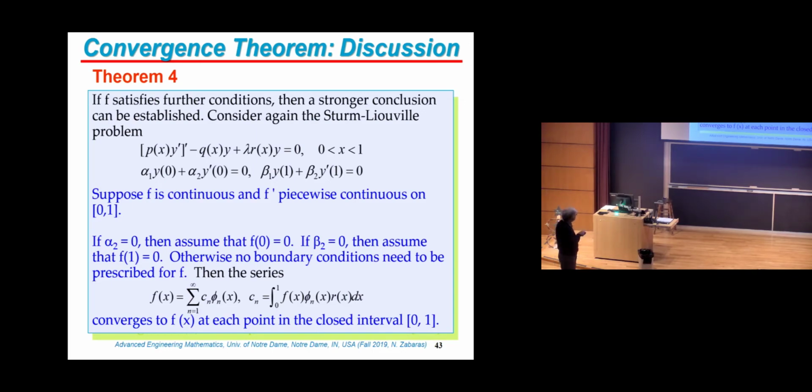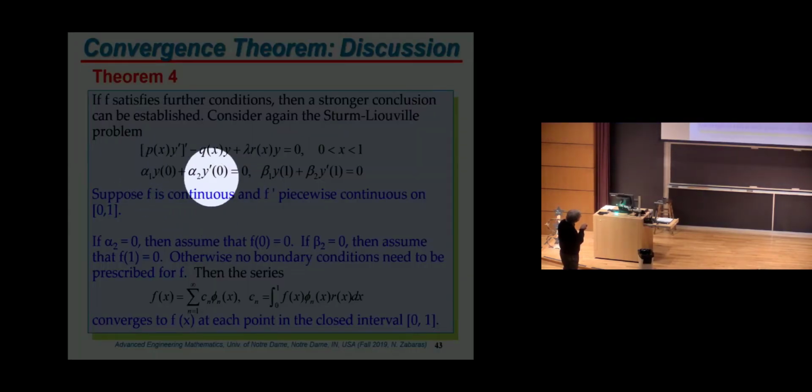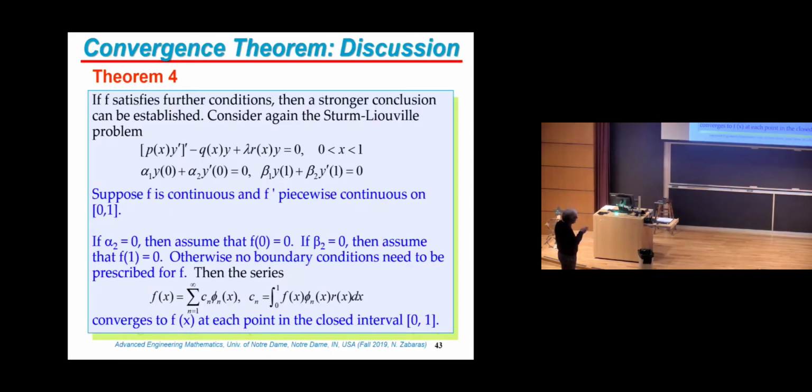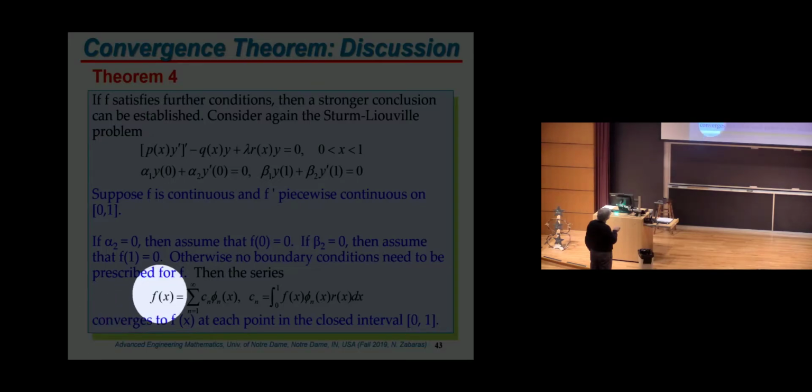But interestingly enough, if you have these very general boundary conditions involving both y and y prime, you really don't have to put any constraints on the function f at the end. So the theorem is very liberal. In the very general case, you don't have to put any constraints on f of x, and this expansion is valid.